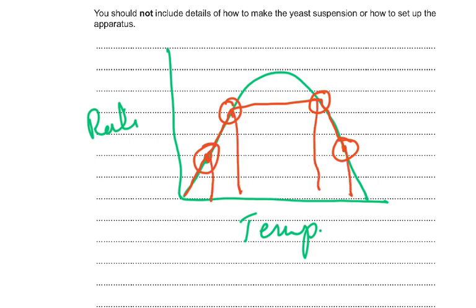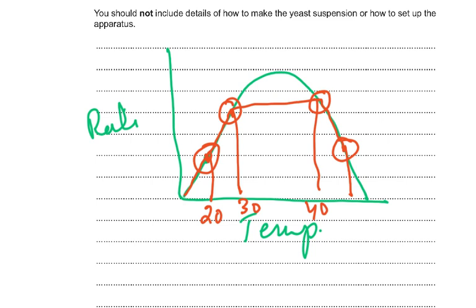But if I've used a temperature here, a temperature here, and then a temperature here. So how do you write this? You'd say repeat the investigation with a narrower range of temperatures. Like say if this was 20 and this was 30 and then this was 40.